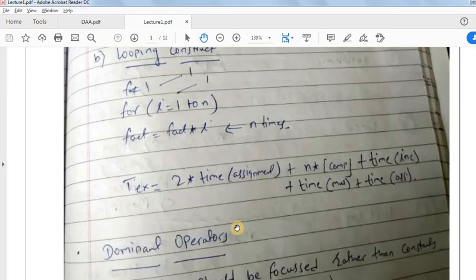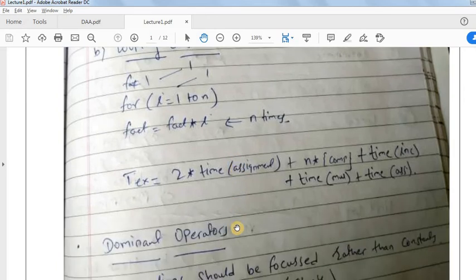Moving forward, there should be consideration of a few of the operators which act as dominating operators over the others. As we can see in this example, the time required for assignment and the time required for increment is much smaller in comparison with the time required for comparison of I with n, as well as the time required for multiplication.